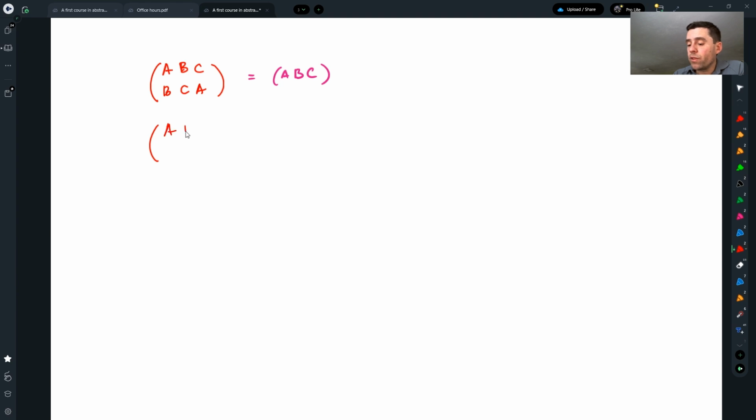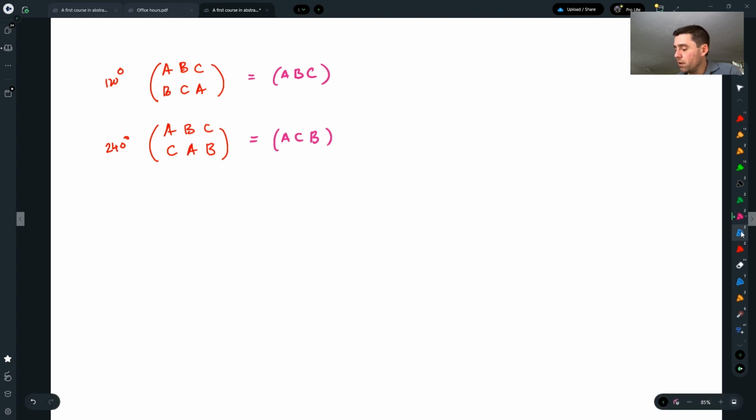So what happens with ABC to CAB? This was the 120-degree rotation. This is the 240-degree rotation. This one I would write as A goes to C, C goes to B, and B goes to A. So in compact cycle notation, that's what it is.